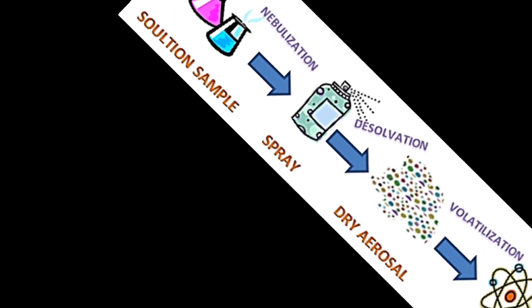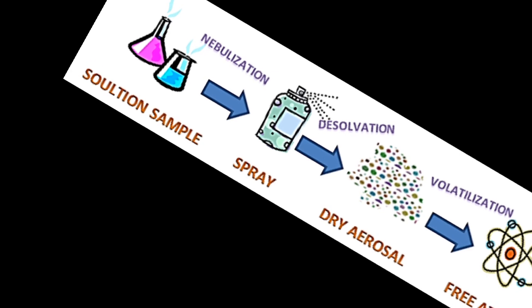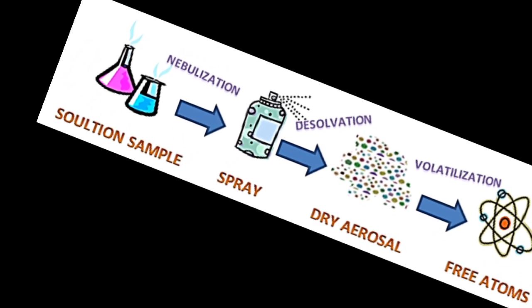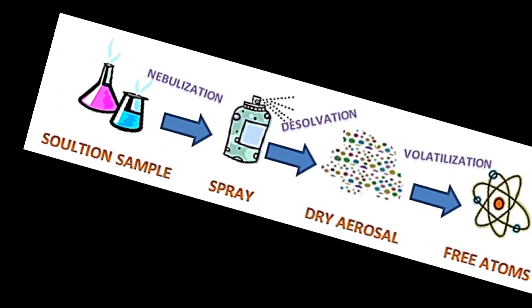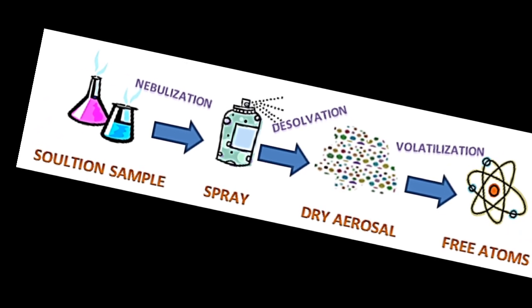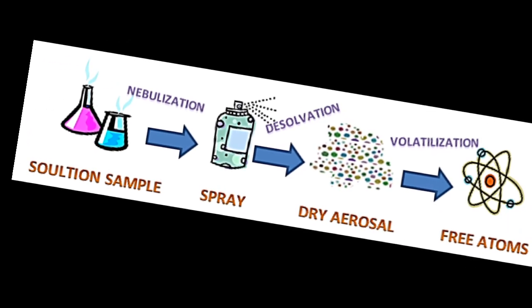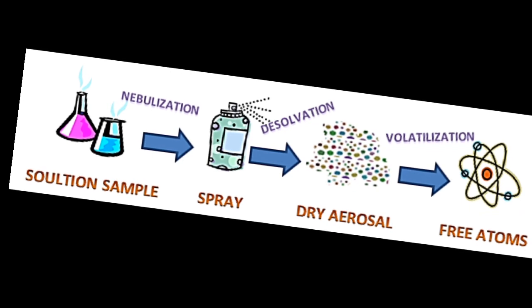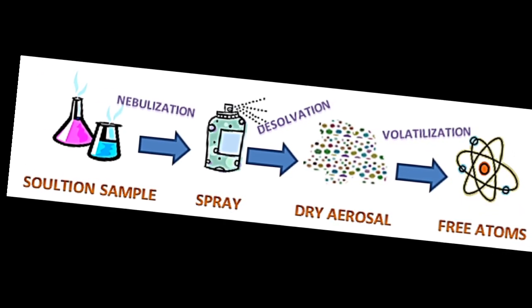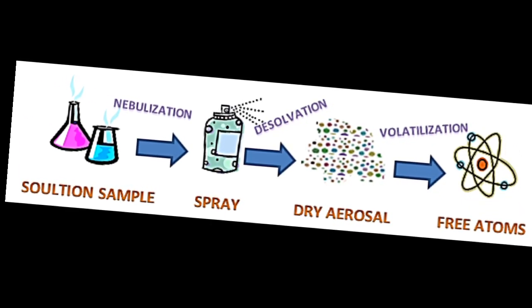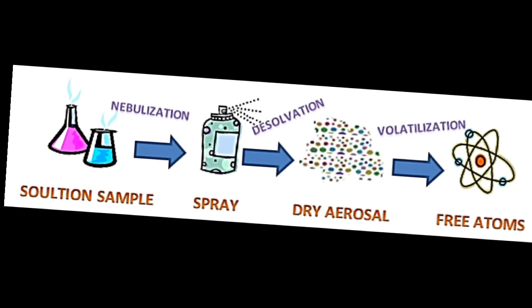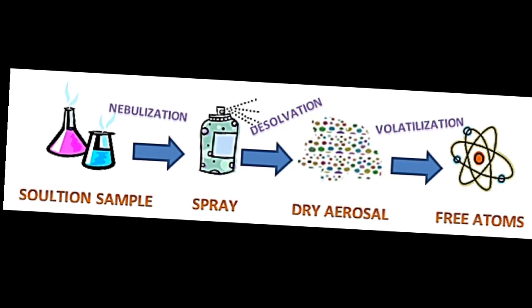Atomic absorption spectroscopy requires the conversion of the sample to gaseous atoms, which absorb radiation. In AAS, the sample is most commonly introduced as a solution. The solution is drawn into a small tube and taken to the nebulizer, where the solution is broken up into a fine mist.